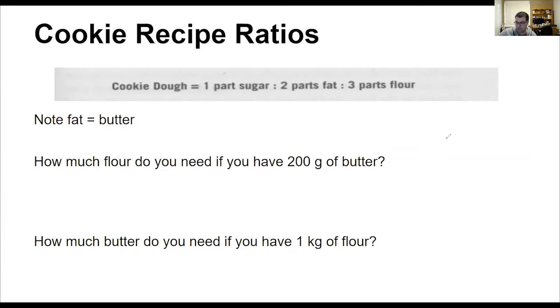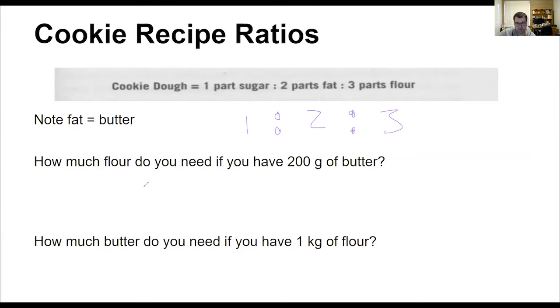So we have our ratio, and if we take a little look here, it's 1 to 2 to 3. How much flour do we need for our first problem if we have 200 grams of butter? Well, we need 3 parts to every 2 parts. We know we have 200 grams.